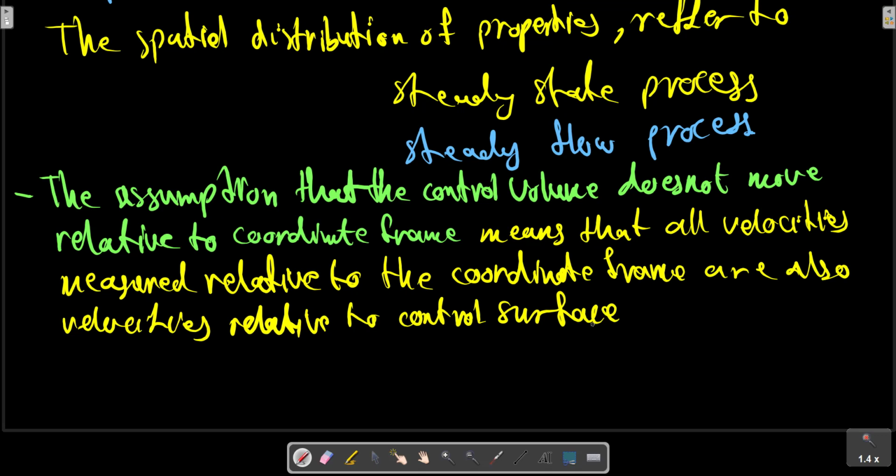And there is no work associated with the acceleration of the control volume.